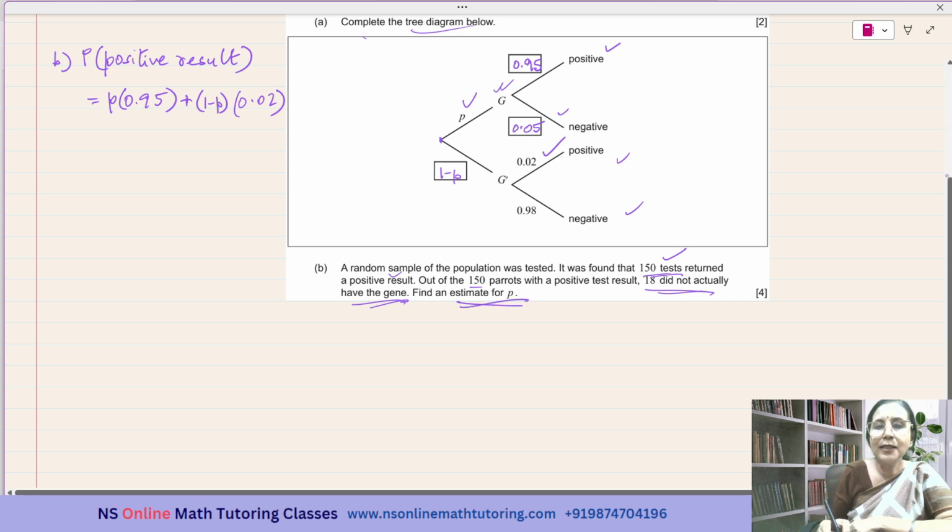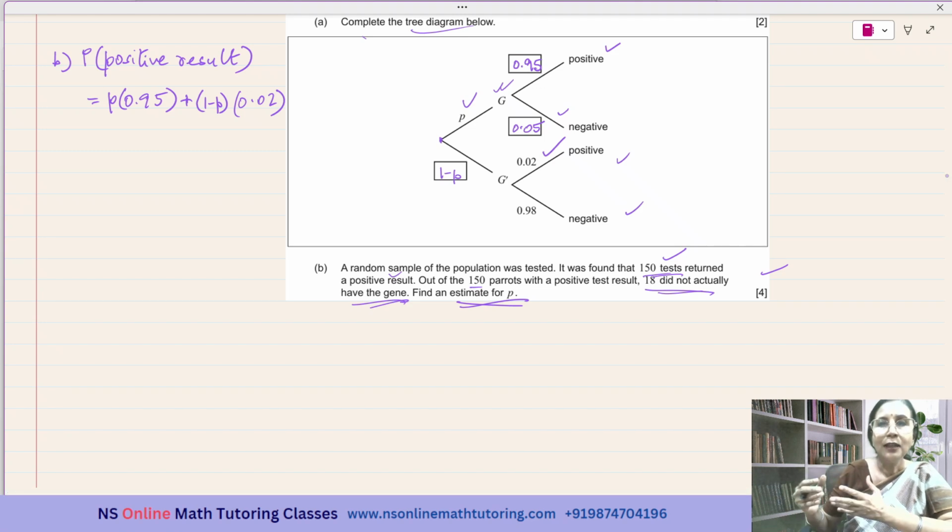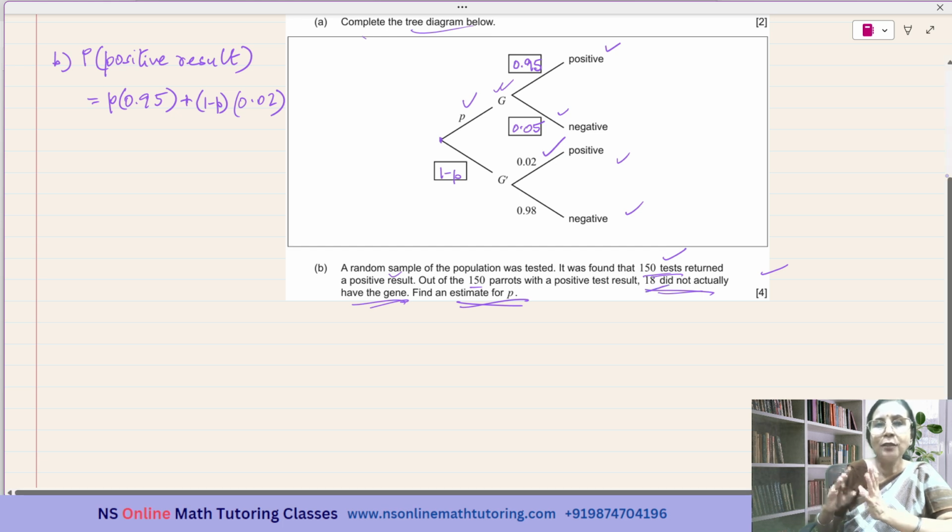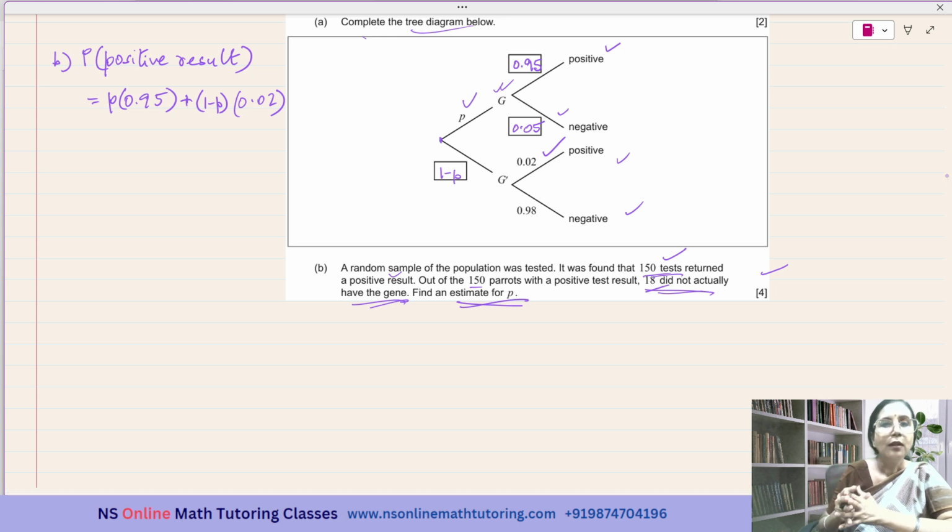Find an estimate for P. It is worth 4 marks. Out of the 150, given that they specify a condition, 18 is the set of false positive parrots: tested positive, but not actually having the gene.